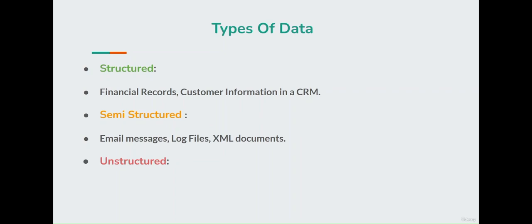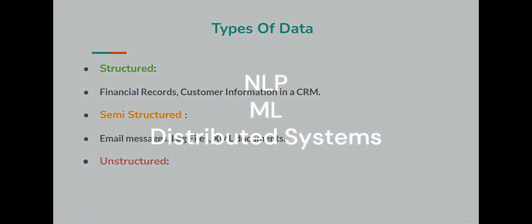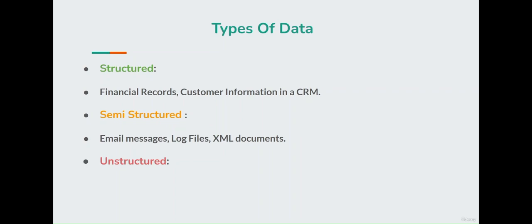Analyzing and extracting insights from unstructured data can be challenging due to its lack of organization. However, advancements in natural language processing, machine learning, and text mining techniques have made it possible to derive valuable insights from unstructured data. Like I mentioned, the examples could be text, image, audio files, and social media posts.